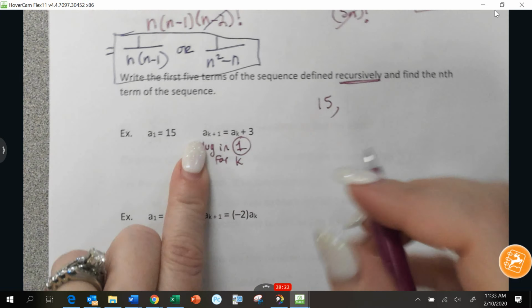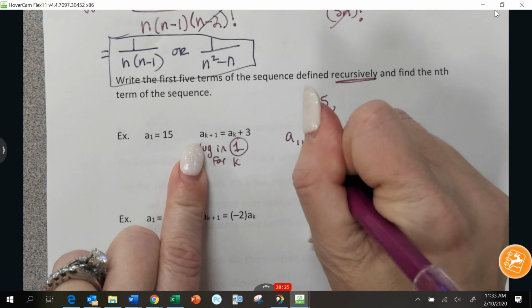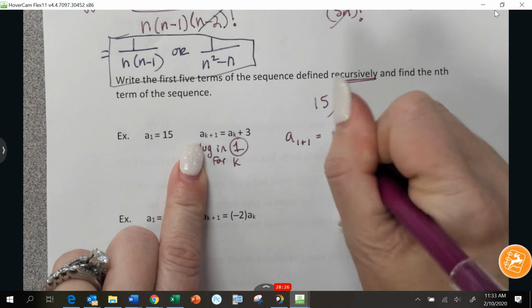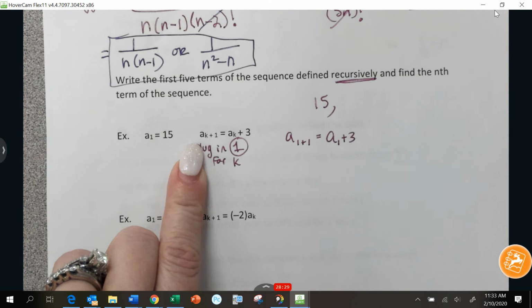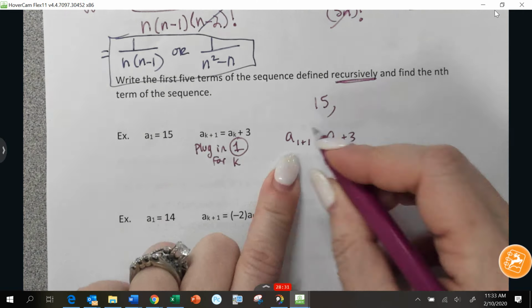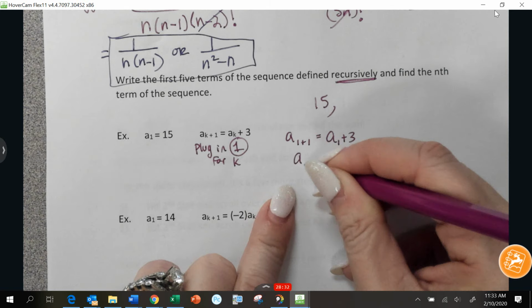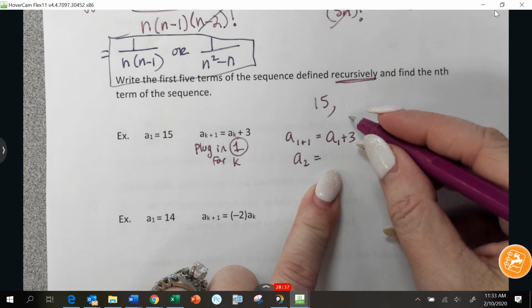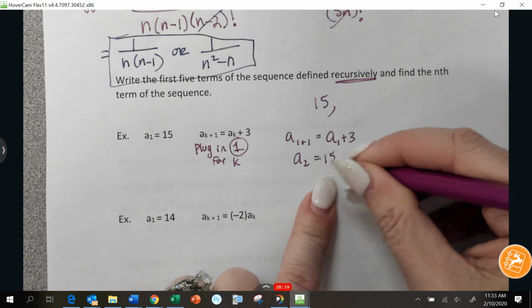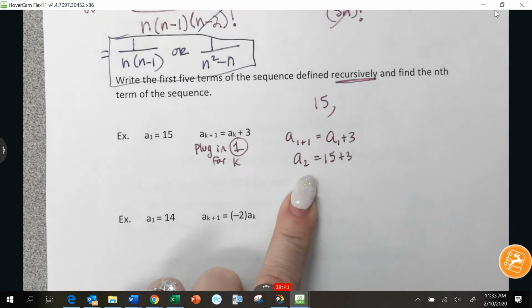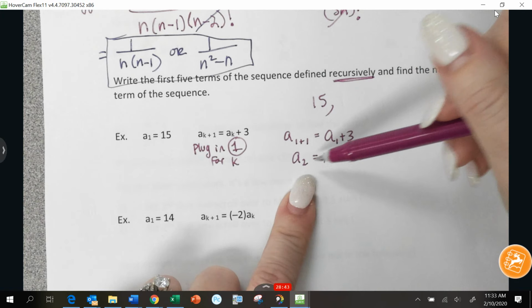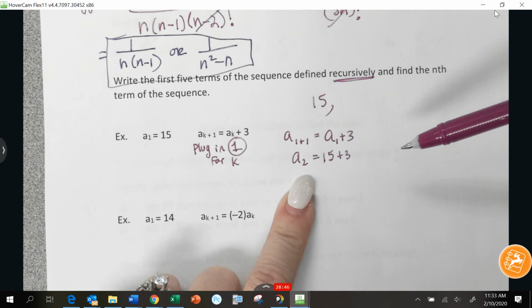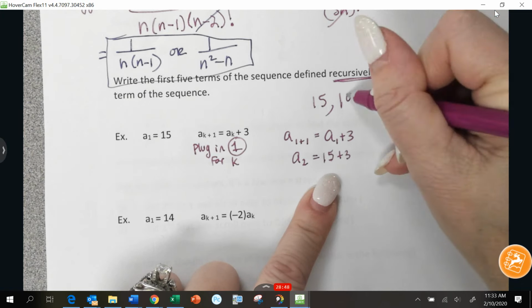So if I plug in 1, I'm going to have a sub 1 plus 1 equals a sub 1 plus 3. And I know a sub 1 plus 1 is a sub 2. And I know a sub 1 has a value of 15 because that was given to me, plus 3. So by plugging in 1, we're actually finding the second term, which is 18.